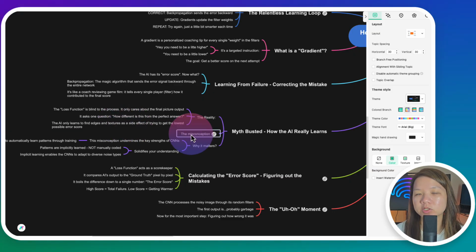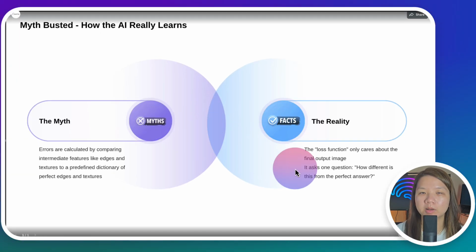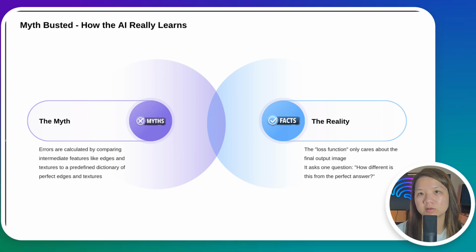This misconception is the belief that error is calculated by comparing intermediate features, such as edges, corners, etc., to predefined patterns, rather than comparing the final output, which is the denoised image, to the ground truth clean image.